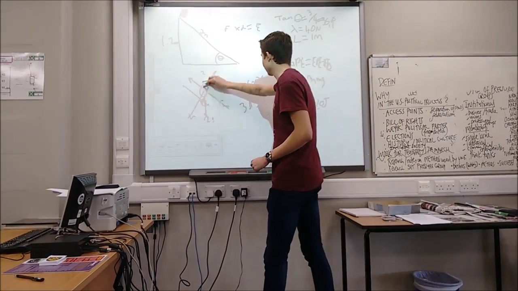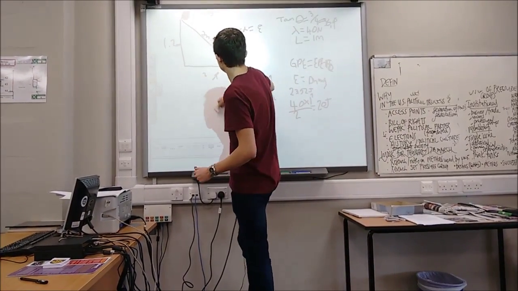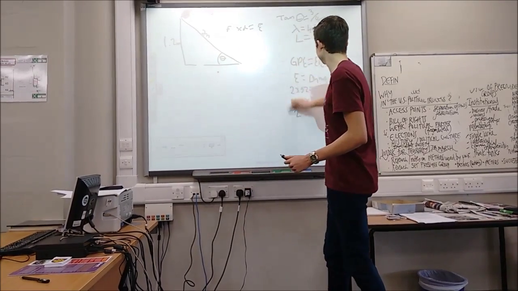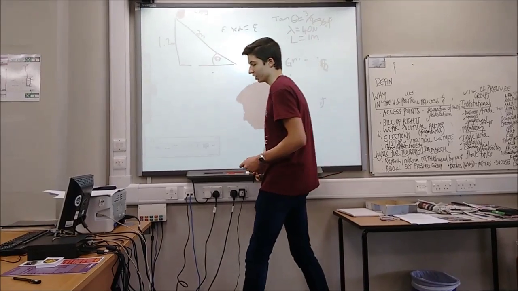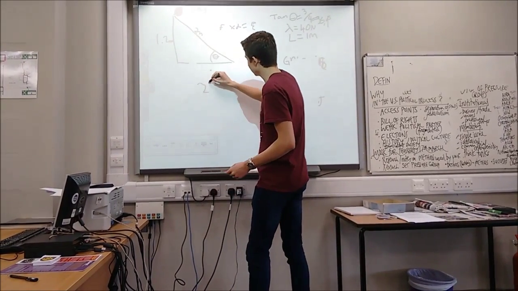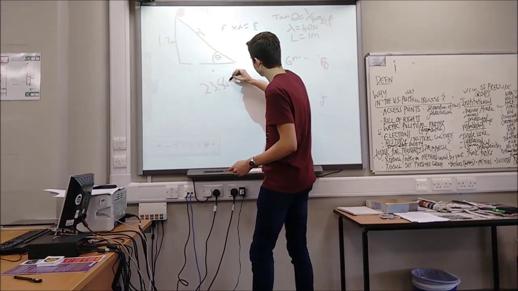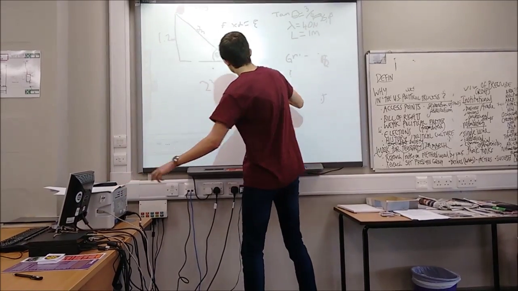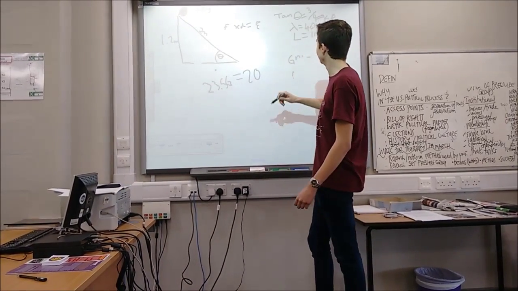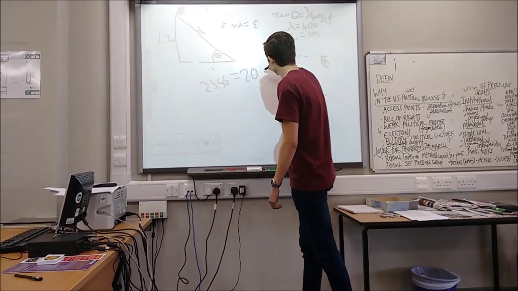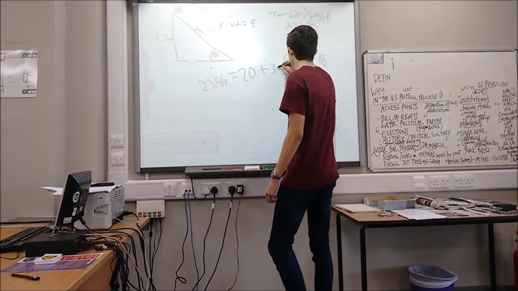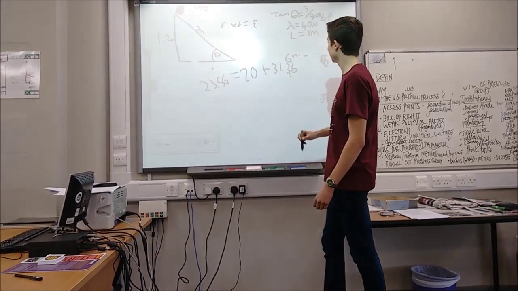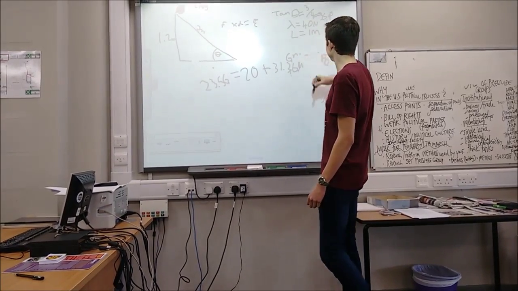Okay, now we're getting an equation here, a big one which you can start to solve. Gravitational potential energy is going to be 23.56 equals 20 joules of elastic potential plus the energy lost to friction, 31.36 mu.